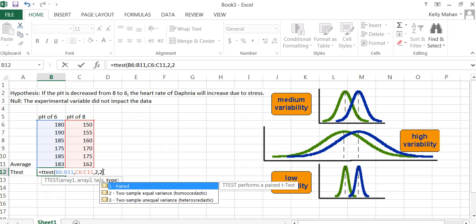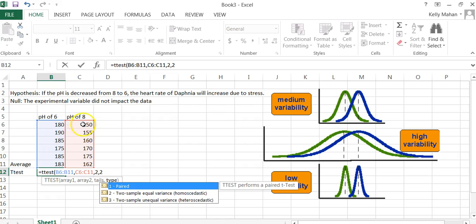You're doing a type 2 t-test, and I'm not going to go into a whole bunch of details about what the other types are. Pretty much, a type 1 is when you have the same person that you're testing: the same dyspnea at a pH of 6 had a heart rate of 180, and the same dyspnea at a pH of 8 had one at 150.